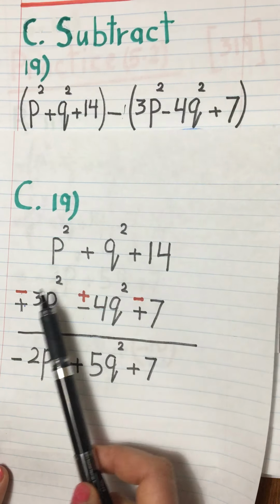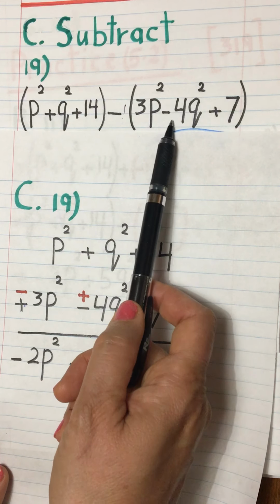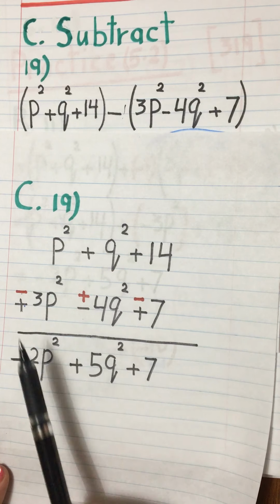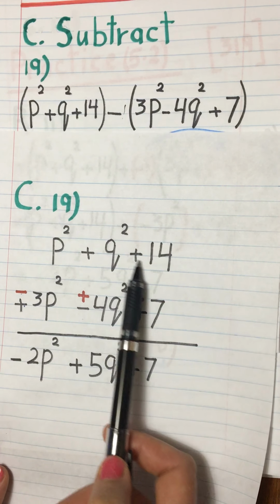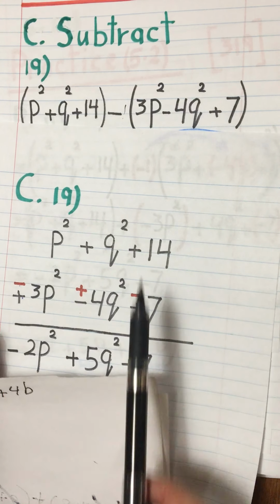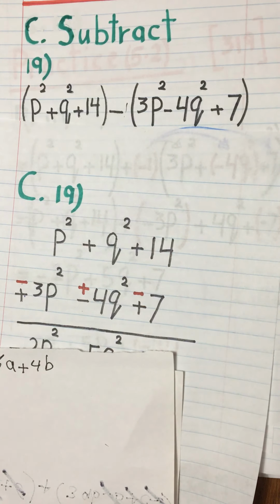So 3p squared under p squared, minus 4q squared under plus 4q squared, because these are like terms, and plus 7 under plus 14.